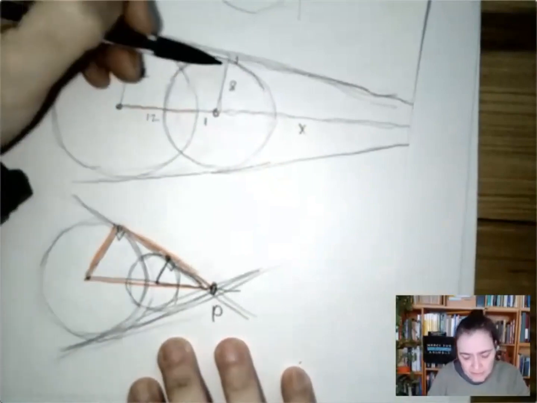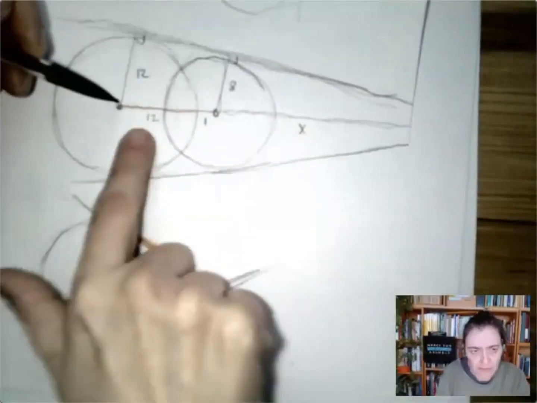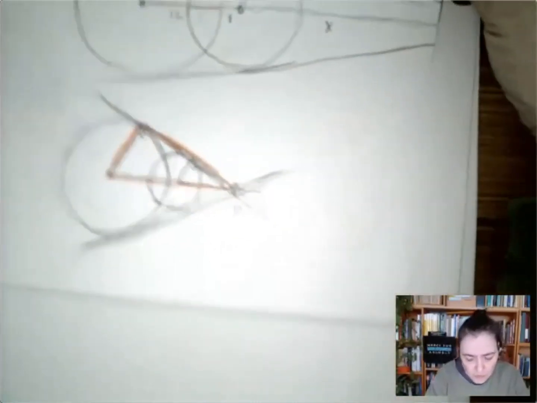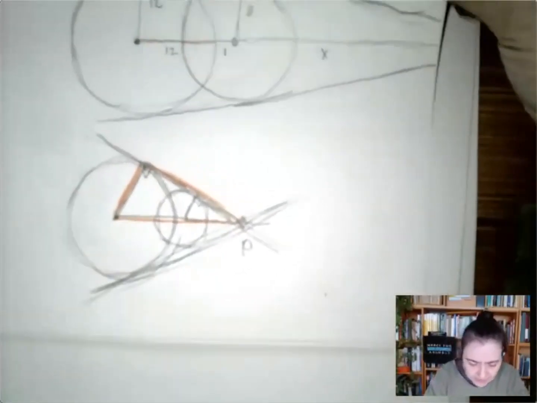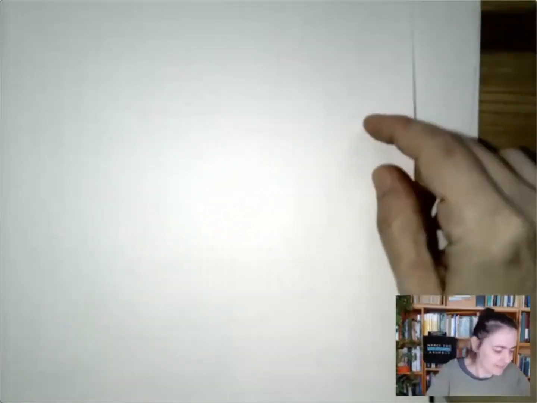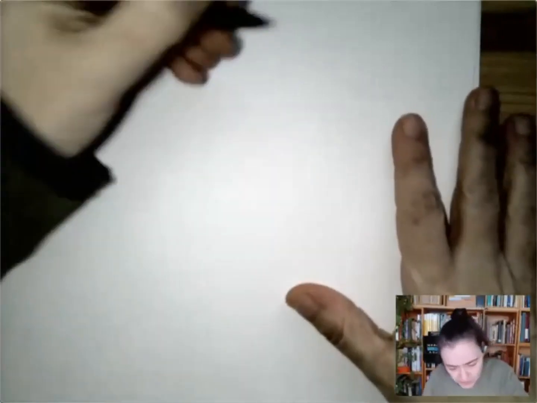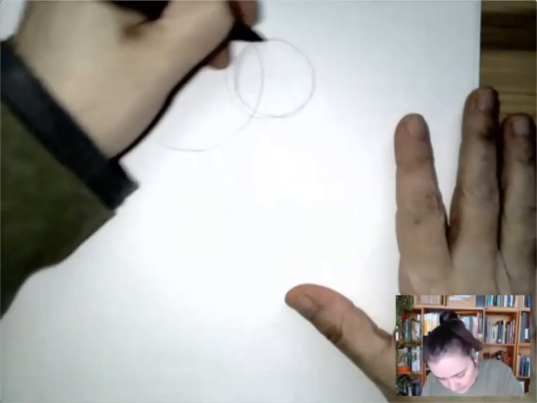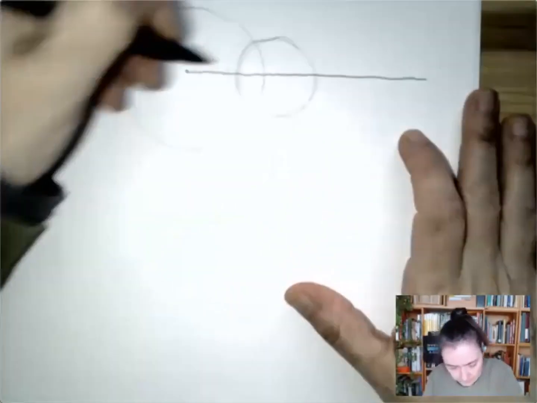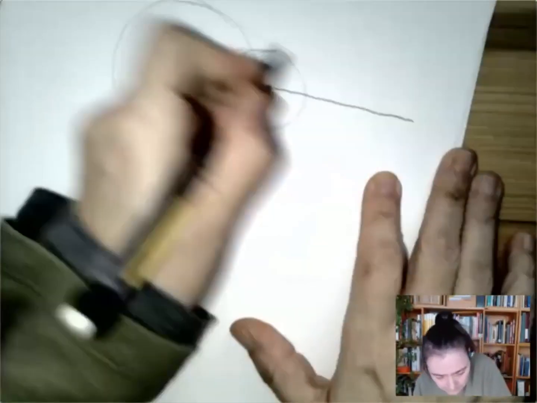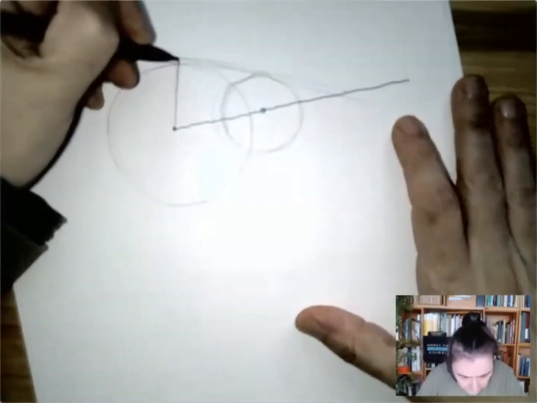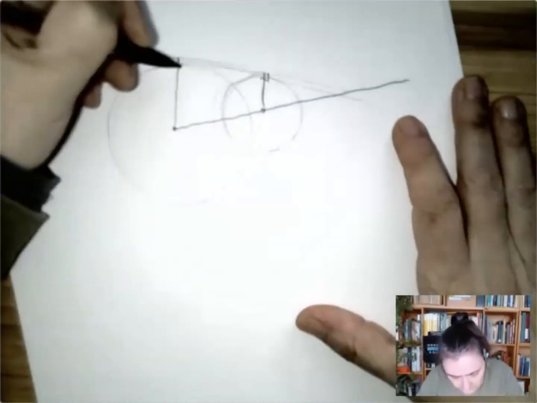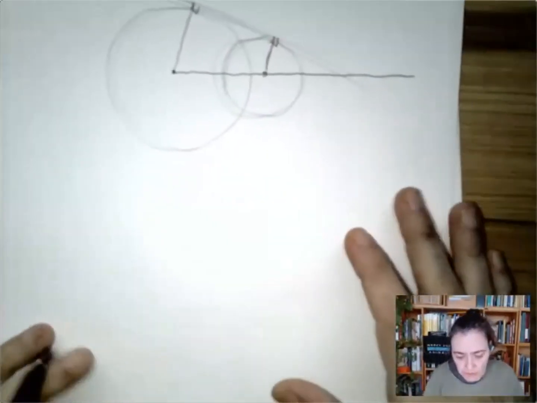The radii are known, and then we know a lot about these sides. So maybe we need a third picture. The picture is worth so much. Okay. So what do we know?